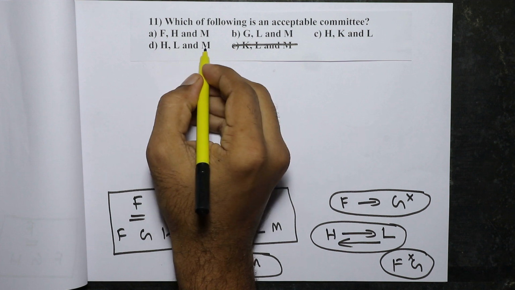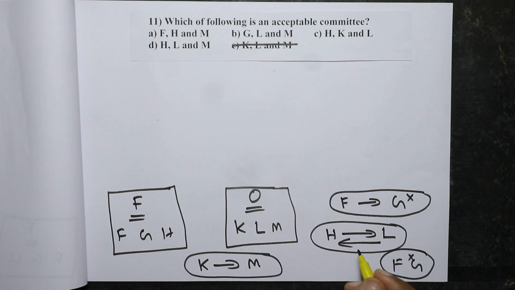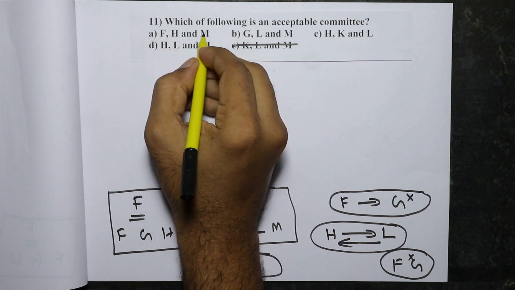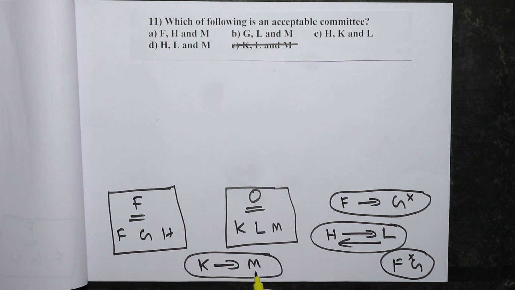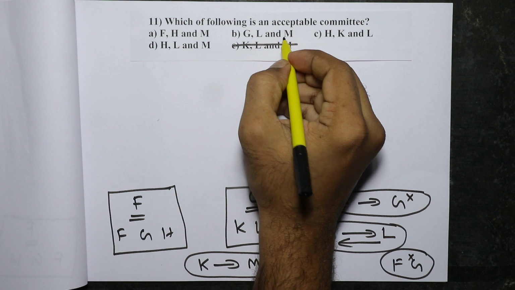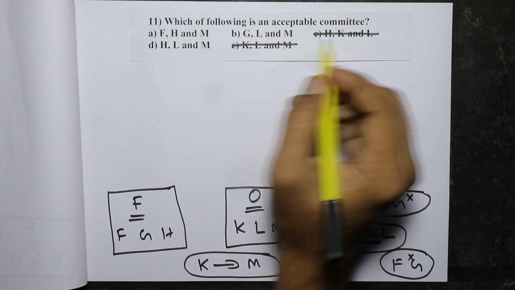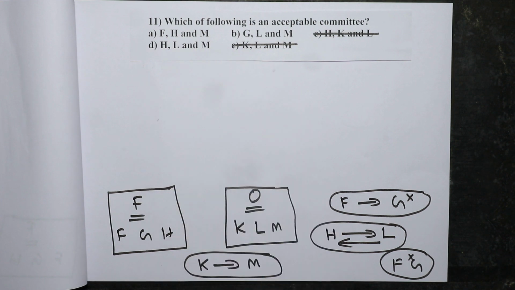Here neither G nor F, that is also okay. Then the other condition is that if K is there, then M necessarily should be there. Here K is not there, so we need not check. Here K is there but M is not there, so this can be eliminated. Here K is not there, so that is also okay.